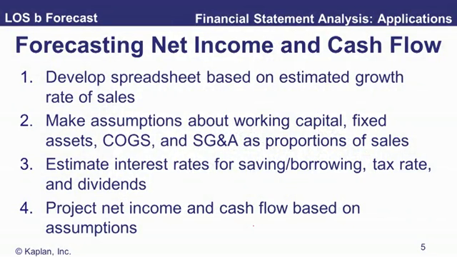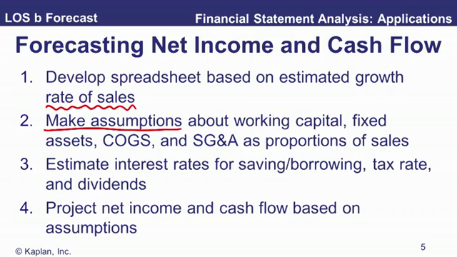Okay, so as I said, our LOS asks us to forecast both net income and cash flow. So we're going to develop a spreadsheet based on the growth rate of sales. That's our key driver, remember, the sales forecast. That's the first thing we need to start with, that top-down approach: economy, industry, firm. Then we make assumptions about our ratios in relation to sales.